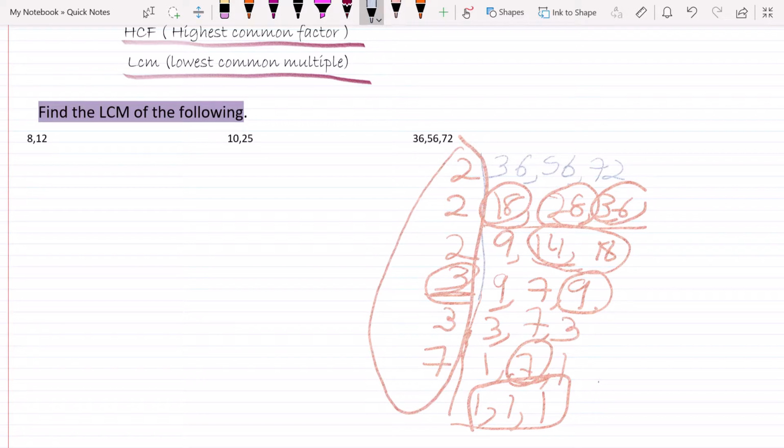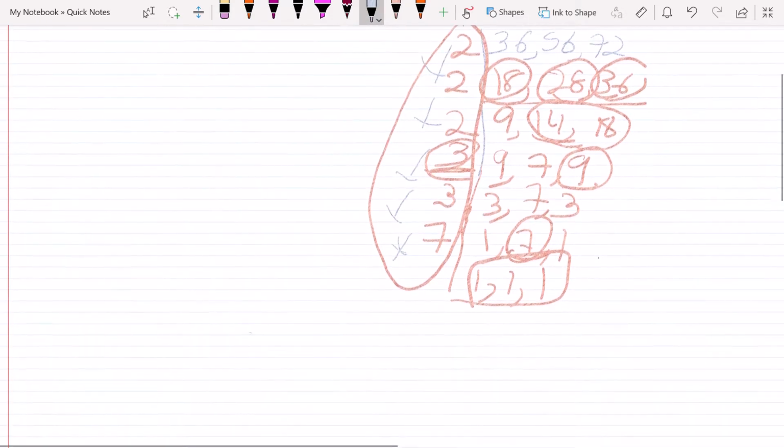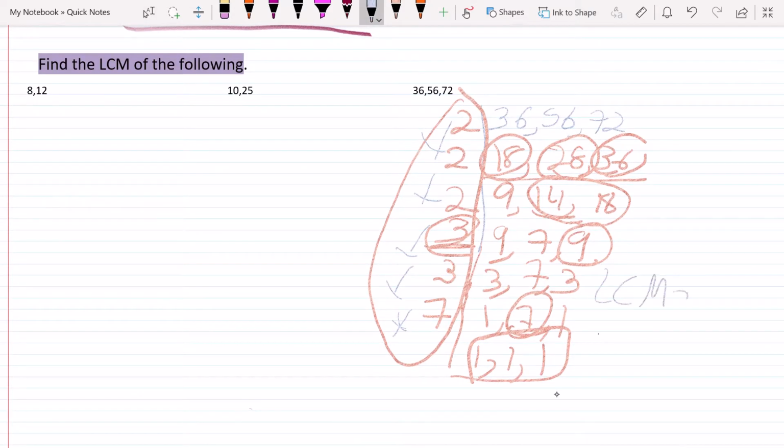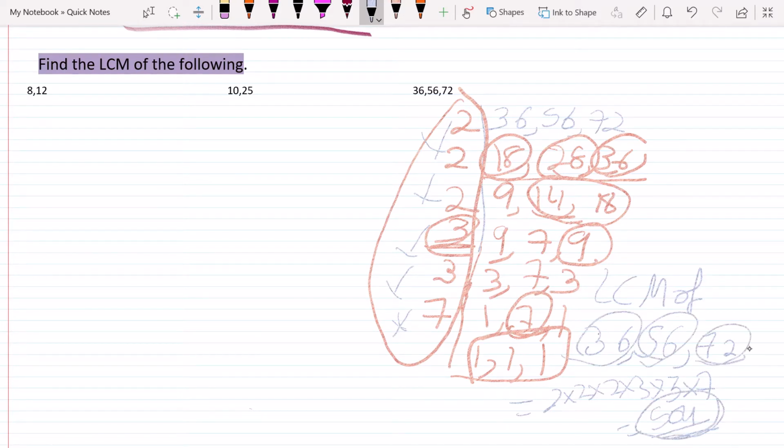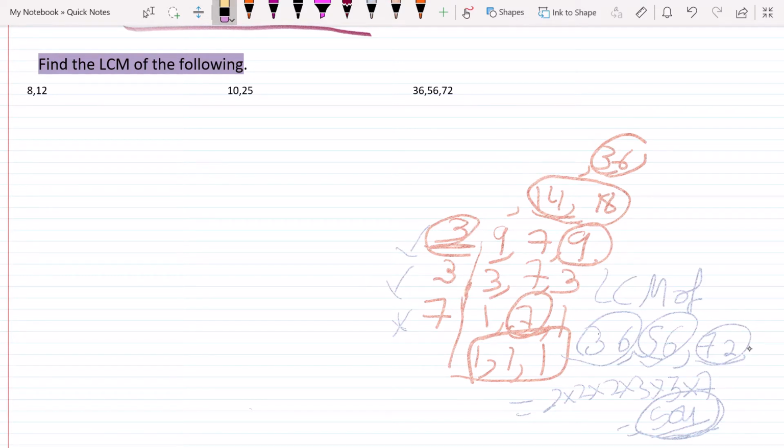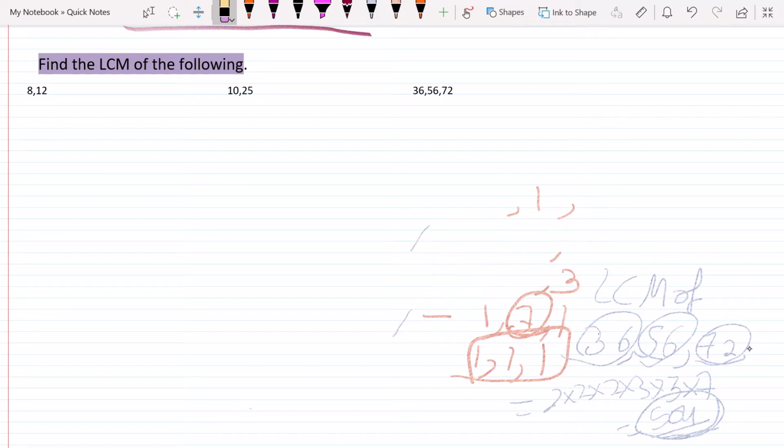And the last step, of course, is to multiply all numbers together. 504 is the LCM of 36, 56, and 72. And this was our lesson for today.